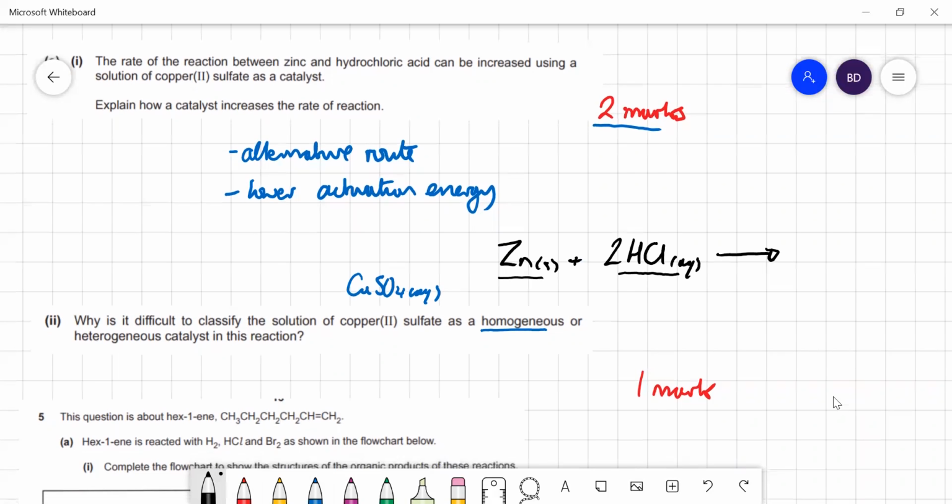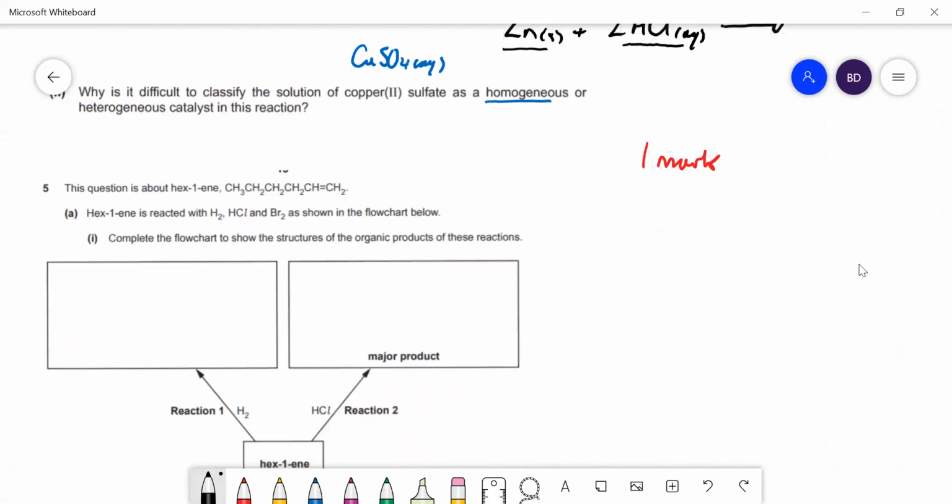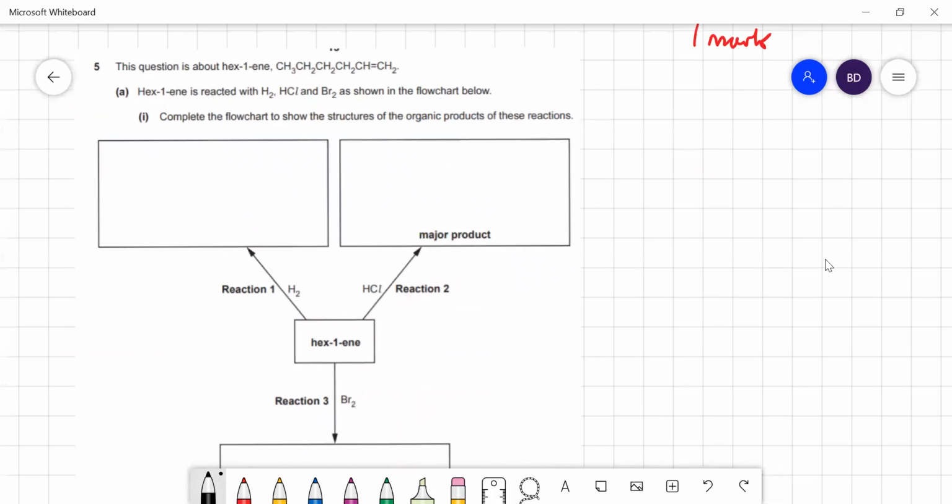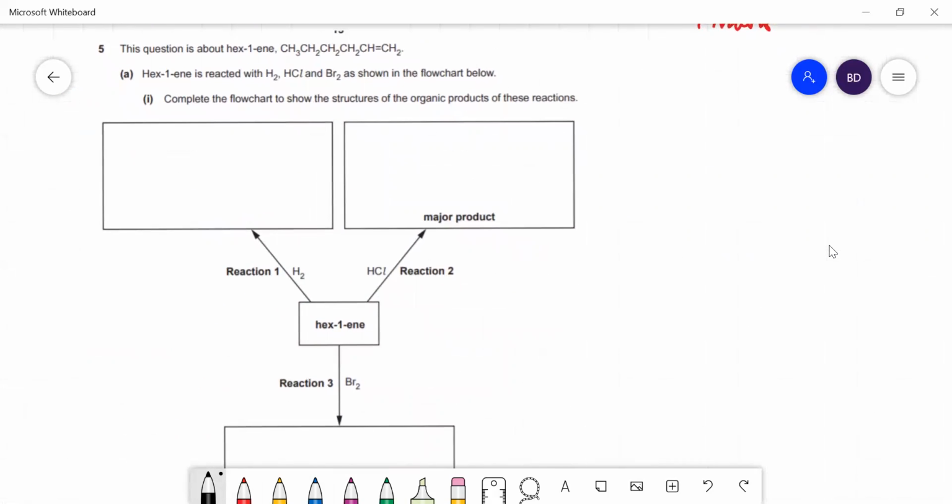Right, organic chemistry. Question 5, about hexene, and it's reacted with H2, HCl, and Br2. Complete the flow chart to show the structures of the products. Now, if you react it with H2, let's draw hexene first of all.